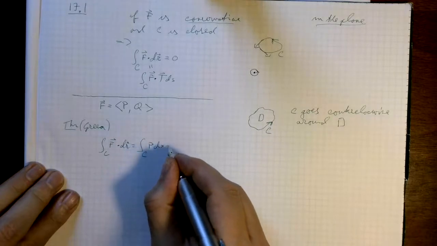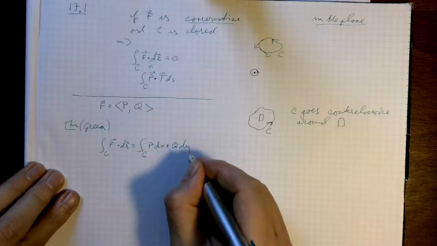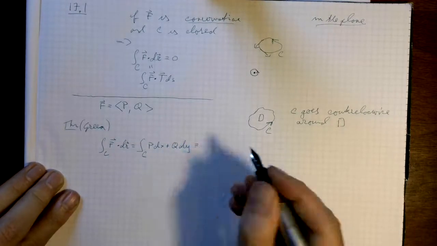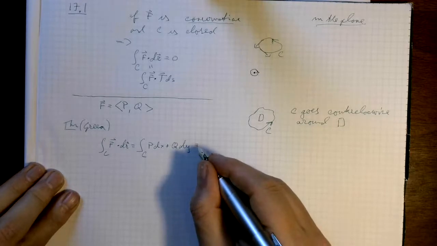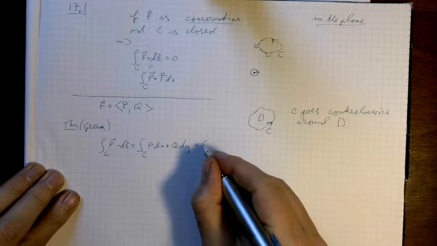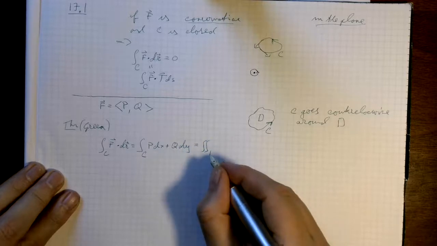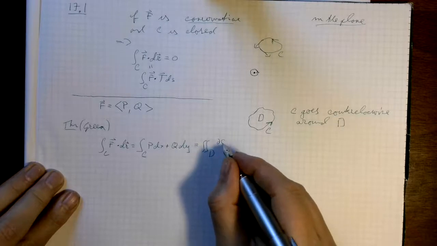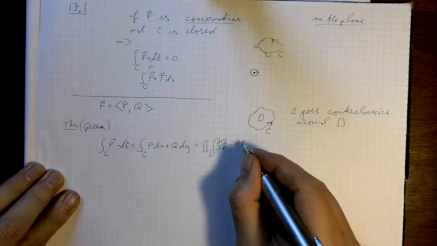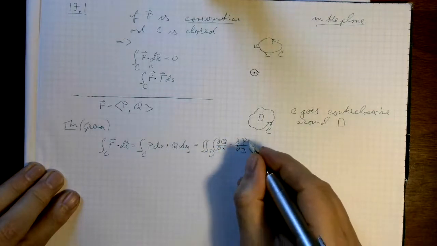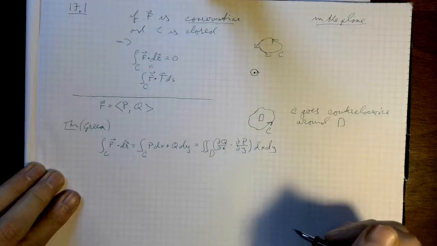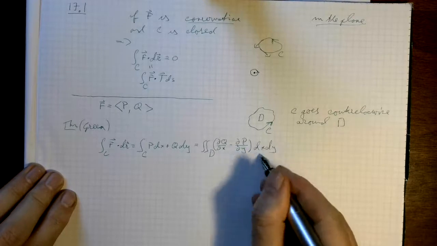If you look up Green, it's probably going to be written in this form, and that's equal to, and this equality is really Green's theorem, the double integral over D of the derivative of Q with respect to x minus the derivative of P with respect to y, dA, or maybe dx dy, however you want to write the area form.